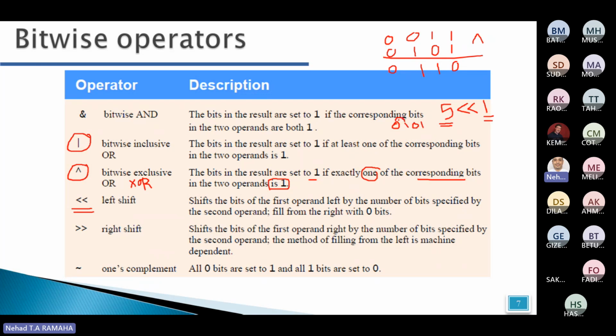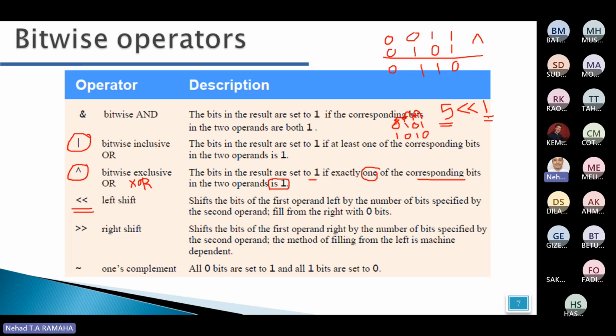This 1 comes here. What about this one? It's gone. This one will be shifted here. This one will be shifted here. And the empty position will be filled by 0.